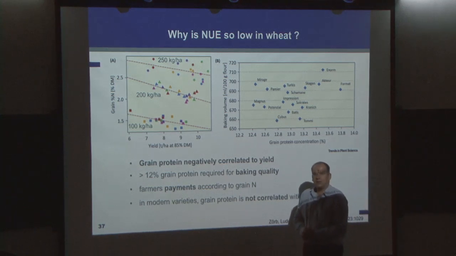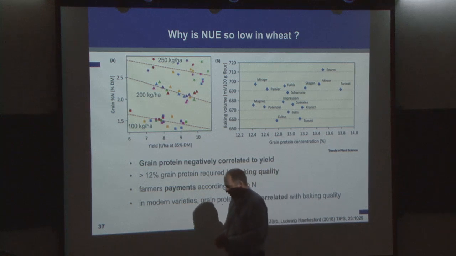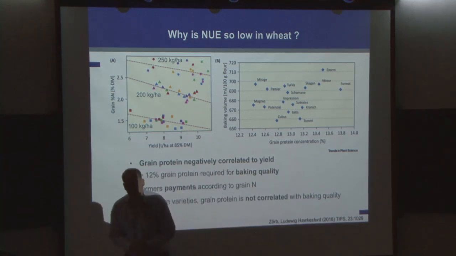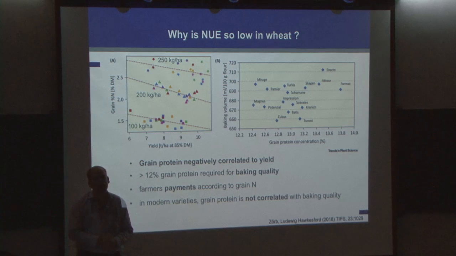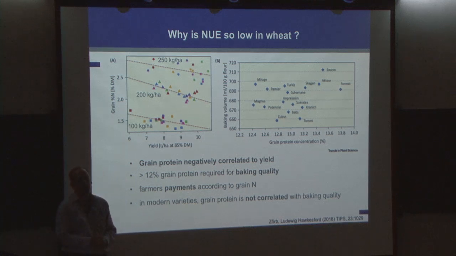Because in wheat breeding, the target, since a long time, is nitrogen use efficiency. Why? Wheat grains are typically selected for high nitrogen content, for high nitrogen concentrations in grain. And why do we want high concentrations of nitrogen and protein in grains?